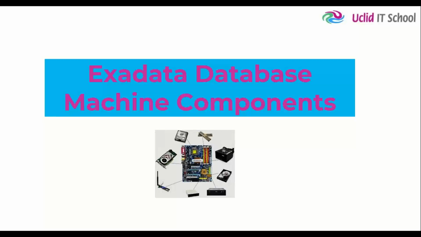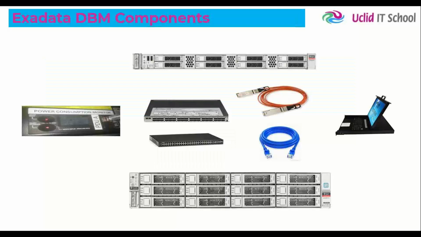In the last class, you understood Exadata includes three primary components. What are those? Database servers, storage servers, InfiniBand network. But Exadata includes many other components also. So let us learn about various components in an Exadata system.